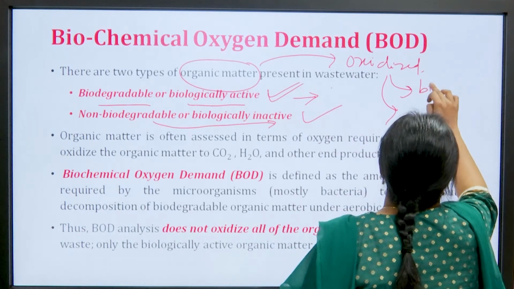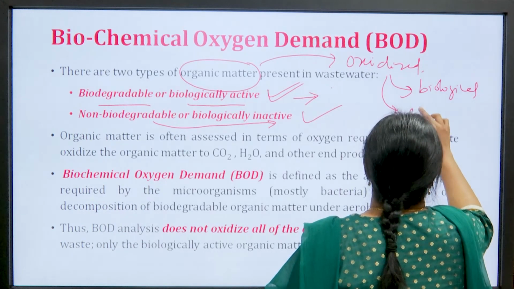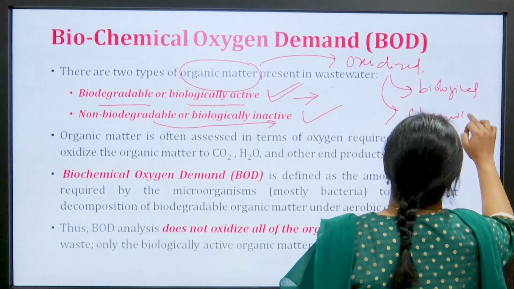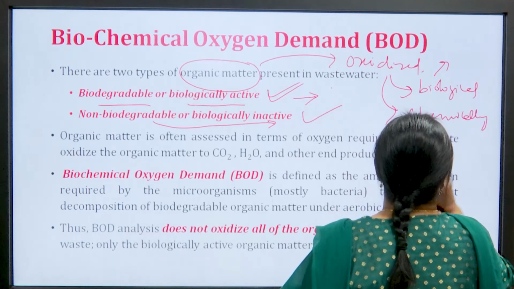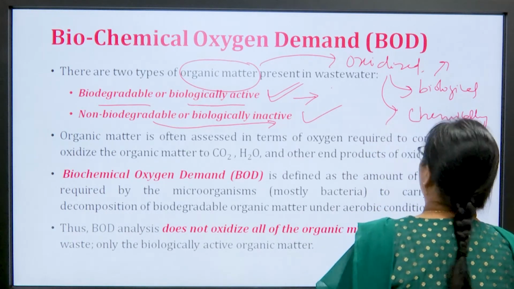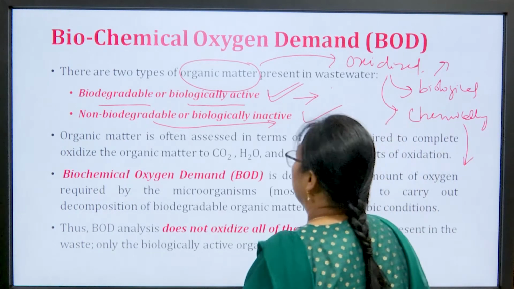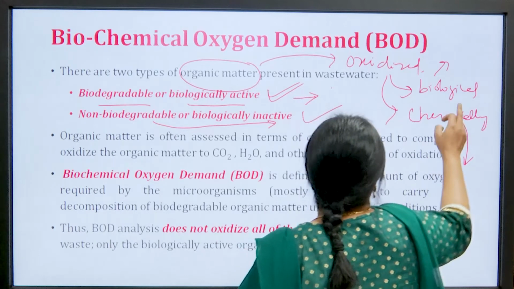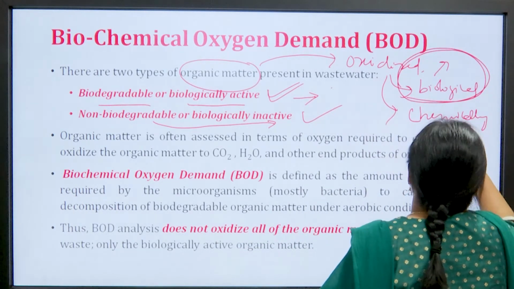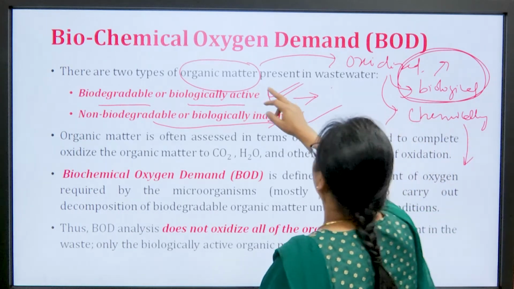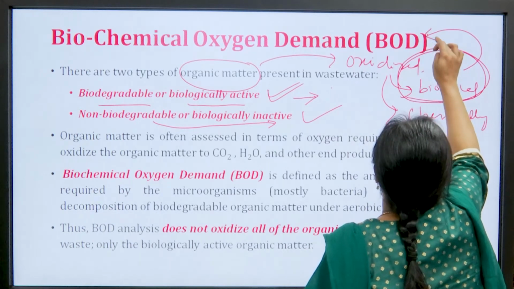One can be biologically, another can be chemically, right. Biologically in the sense through microorganisms, and chemically in the sense by using strong oxidizing chemicals like potassium chromate. Which can be done biologically, you do not require a lab to do it, that oxidation is going to give you BOD.